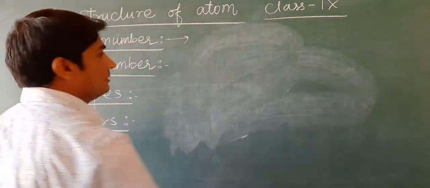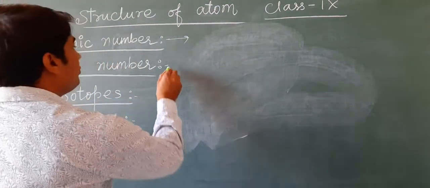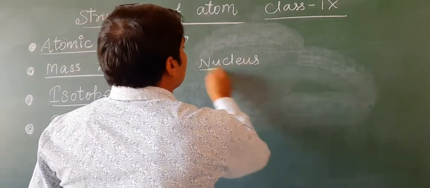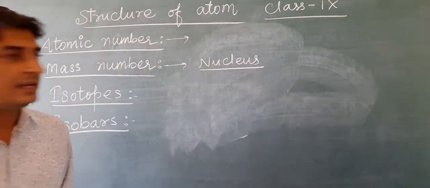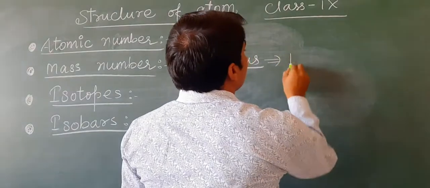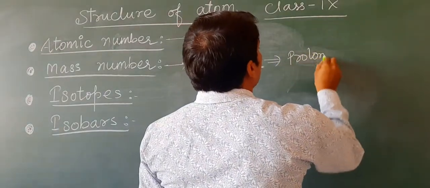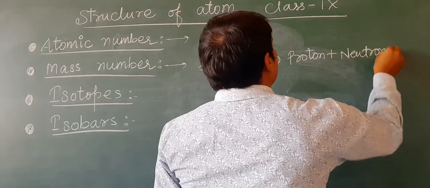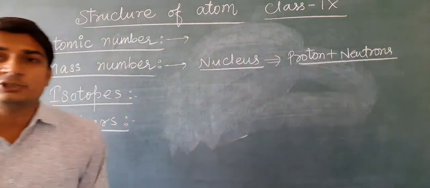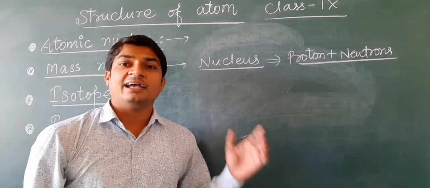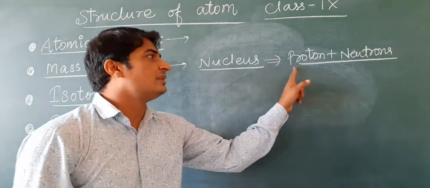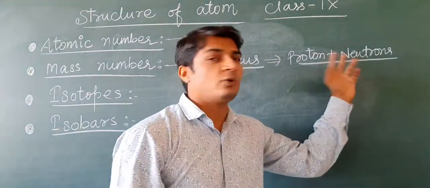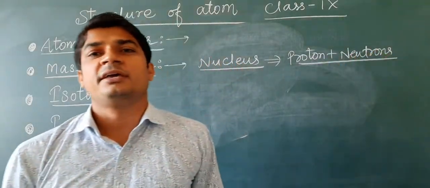Okay, so let us move towards mass number. What is mass number? Actually, the nucleus is not only containing protons, it is containing protons and neutrons. And the total mass of an atom depends on the number of protons and neutrons, because the mass of proton and neutron is almost equal.